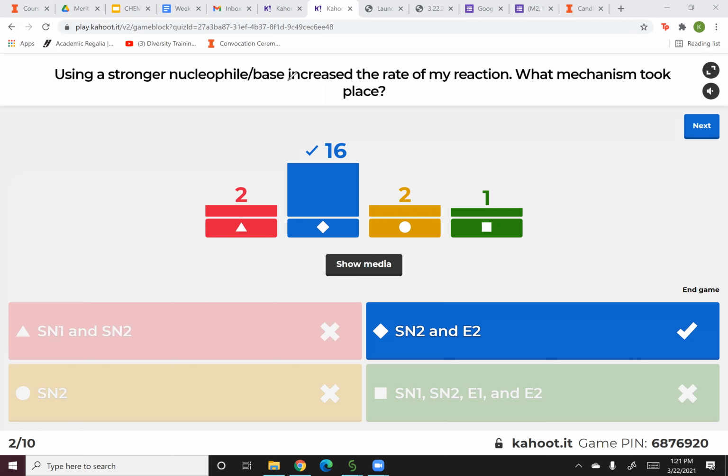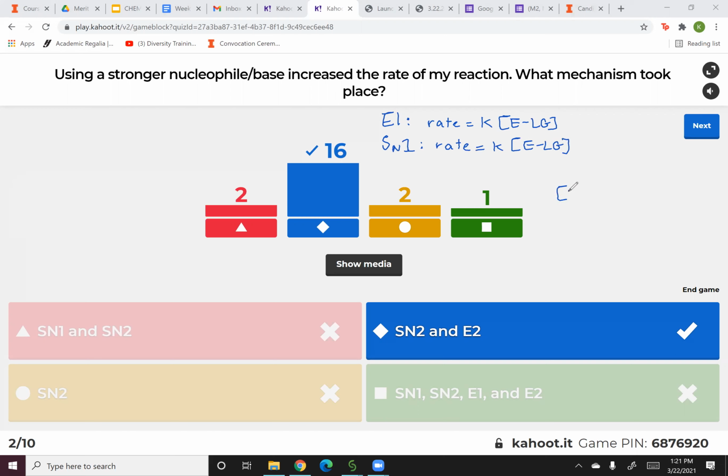Yeah, definitely. We can summarize everything you just said by looking at the rate laws. The rate law for E1 is rate equals k times the concentration of the electrophile with the leaving group. For SN1, again, rate equals k times the concentration of the electrophile.